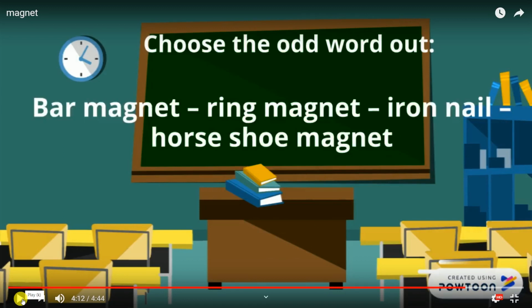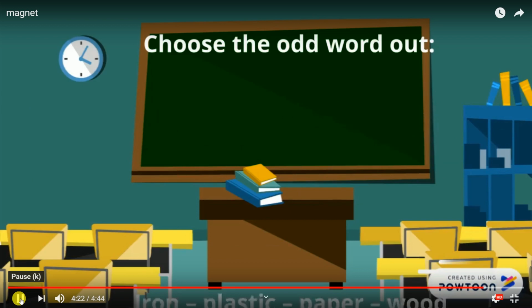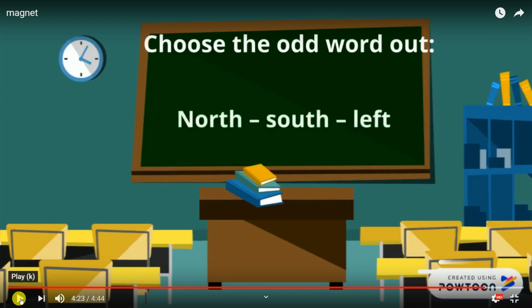Iron nail, because all of them are shapes of magnet. Number 3, you have iron, plastic, paper, and wood. So iron is different because all of the others are non-magnetic materials. And the last one, you have north, south, and left. Which one is different here? Left. Super.